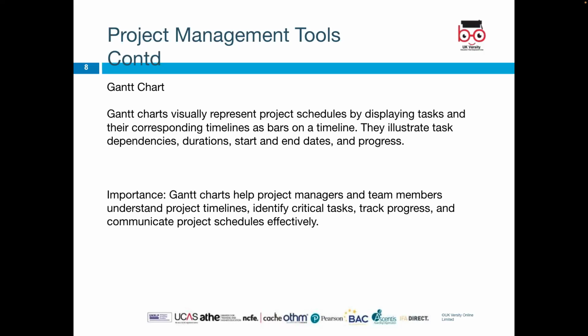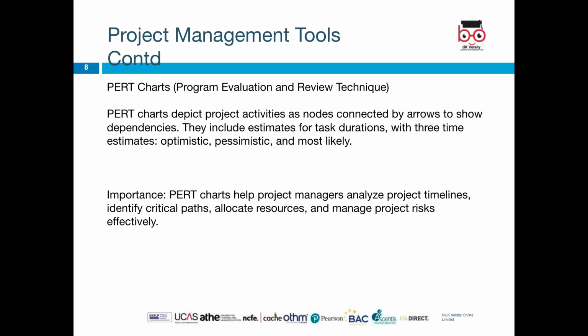They illustrate task dependencies, duration, start and end dates, and progress. Importance: Gantt charts help project managers and team members understand project timelines, identify critical tasks, track progress, and communicate project schedules effectively. We also have PERT charts, which we've looked at.